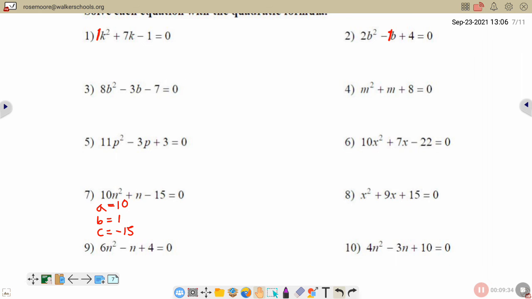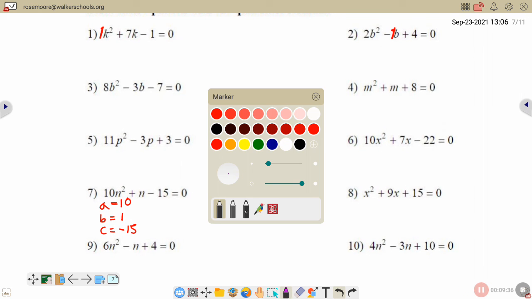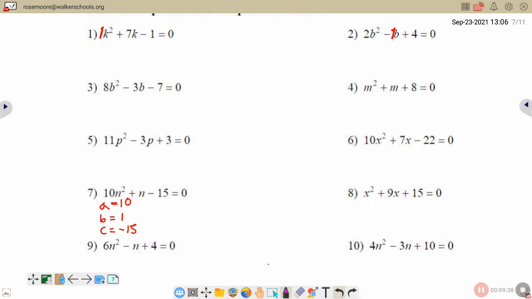So again, opposite of b. Okay, so negative 1 here, plus or minus square root b squared minus 4ac. So I'm just plugging in b again, a goes here, and c goes here, all over 2a.